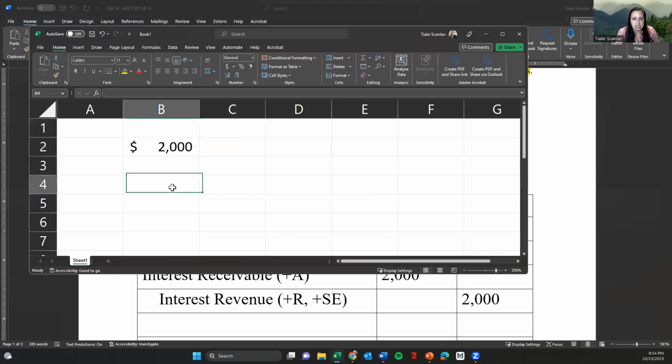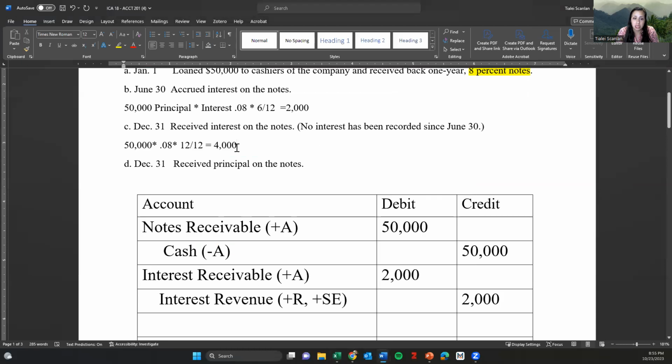I'm going to pull in my Excel. 50,000 multiplied by 0.08 multiplied by 12 out of 12, which would just be 1. Or you could just take out the 12 out of 12, because that would just be 1. So we're going to earn 4,000 over the year.